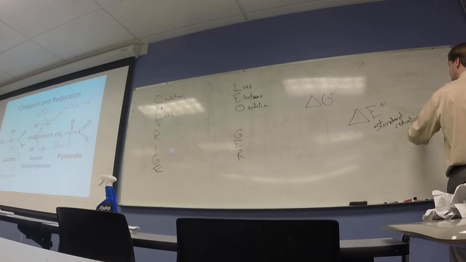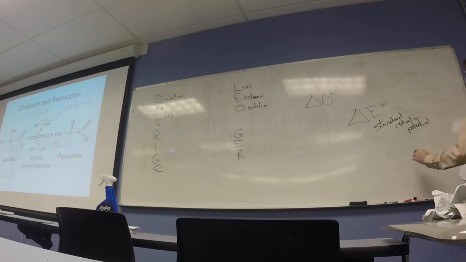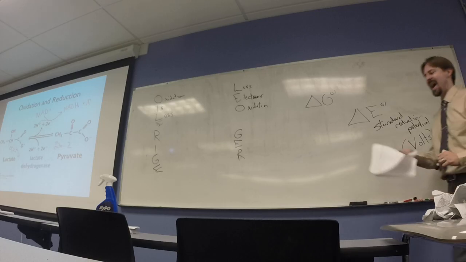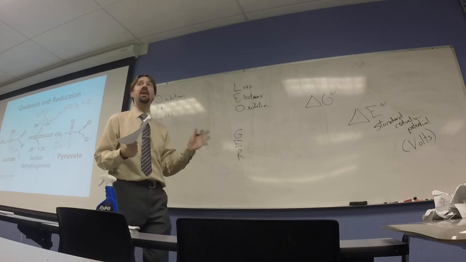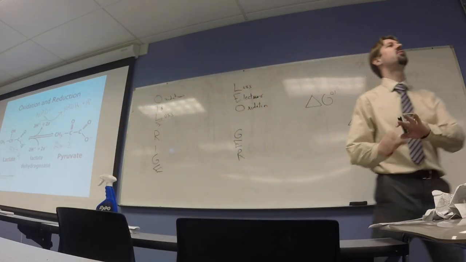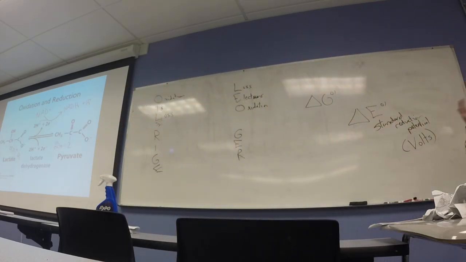And instead of being given in kilojoules per mole, it is given in volts. That's annoying, but luckily it's really easy to convert. Again, you do not need to memorize this, but I want you to know it's out there as a tool. So if you ever find a problem where this would help, this tool exists.